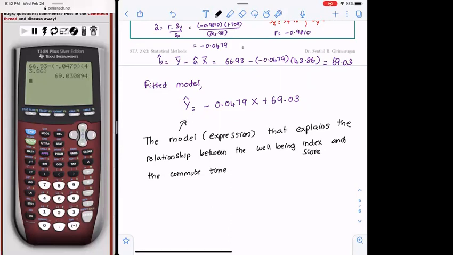And of course, it is worthwhile to mention that this is obtained using the data that we observed.